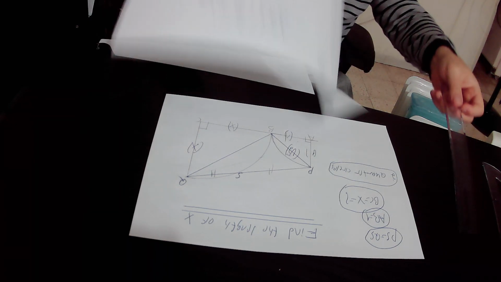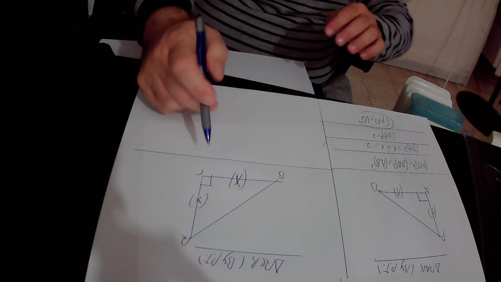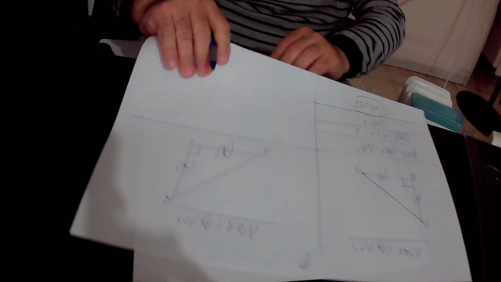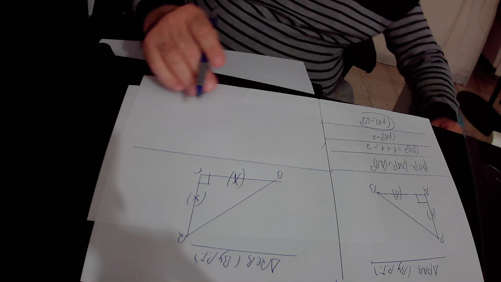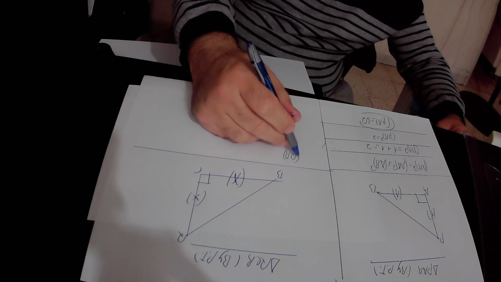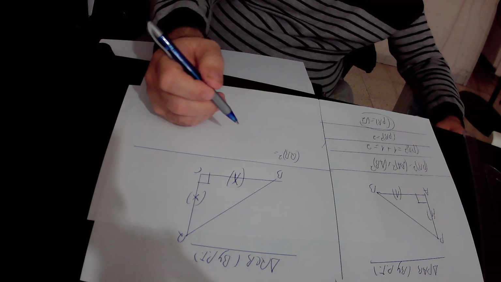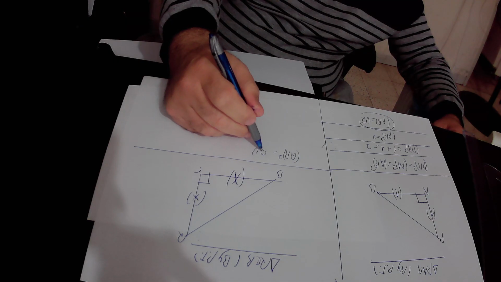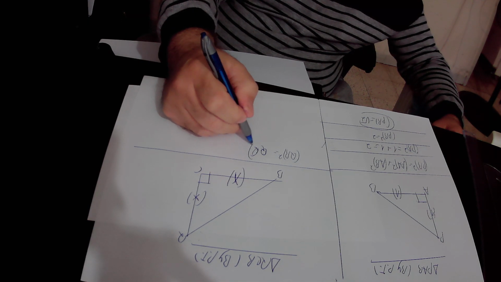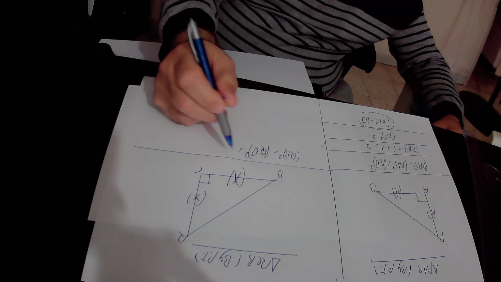So actually, this is the right triangle QCB that I copied from the original drawing. According to the Pythagoras theorem, in this right triangle QCB, QB squared, the square of the hypotenuse, equals QC squared plus BC squared.